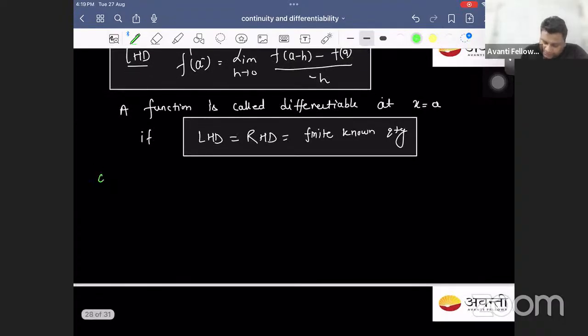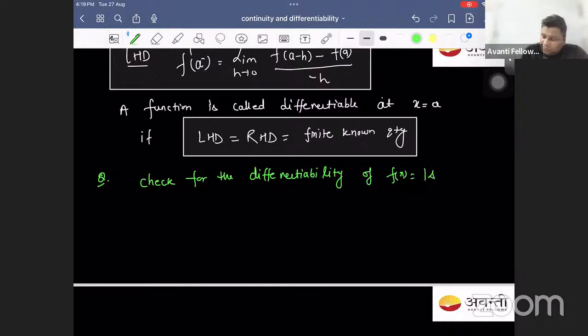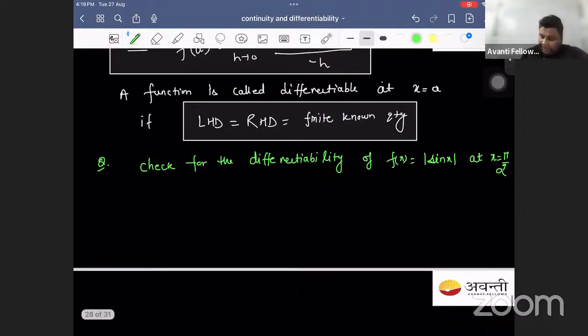See, the question is: check for the differentiability of f(x) equals to mod sin x at x equals to pi by 2. Got it? Now, how do I do it?